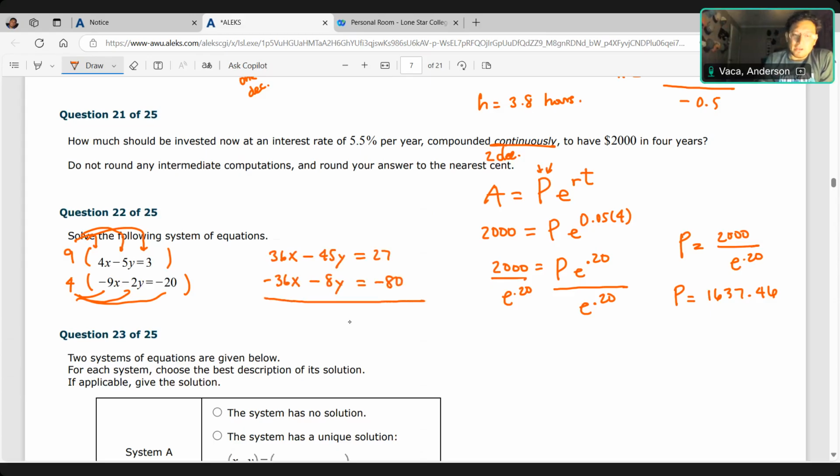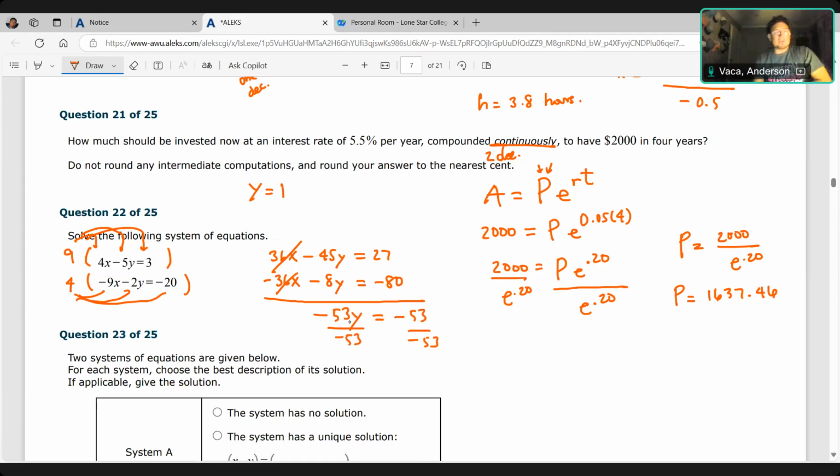Okay. Notice that when we add the two equations, now the x's go away. And we get negative 53 times y is equal to negative 53. Divided by negative 53, we get that the value of y is equal to 1.